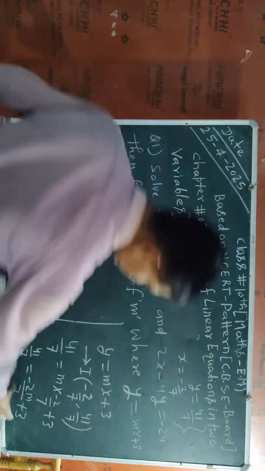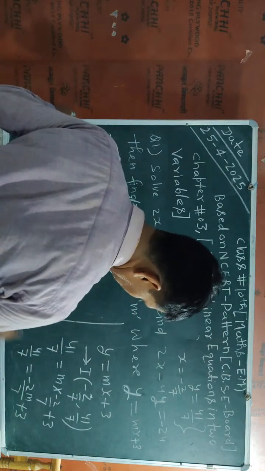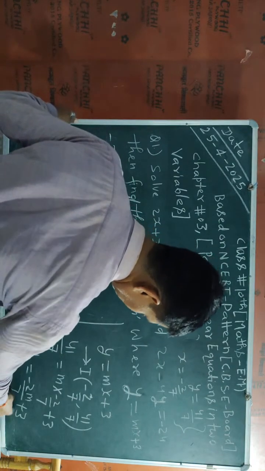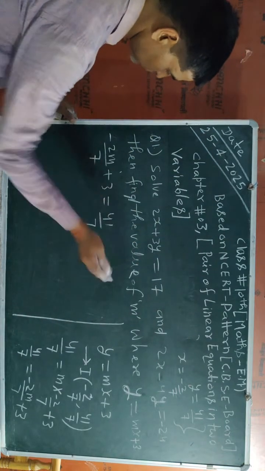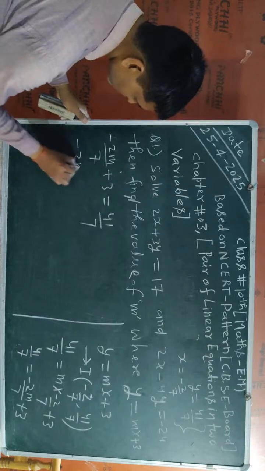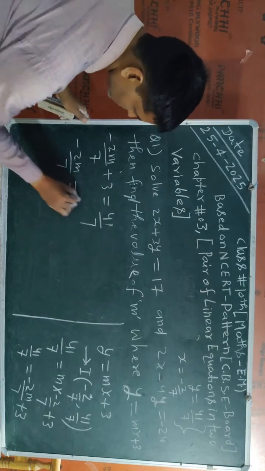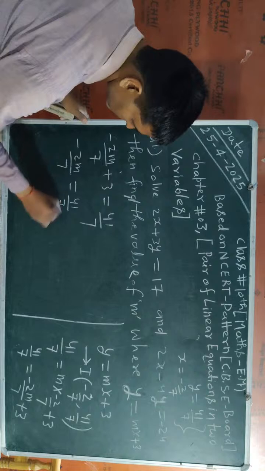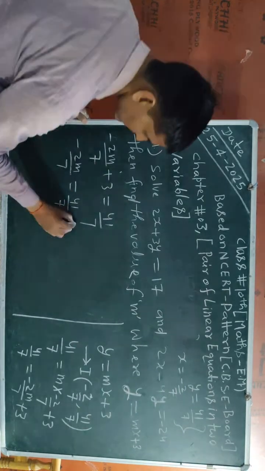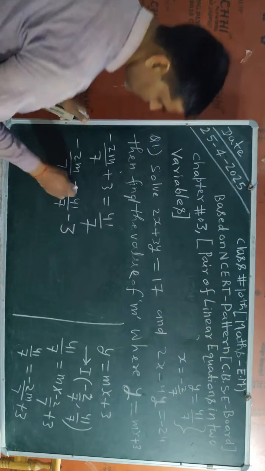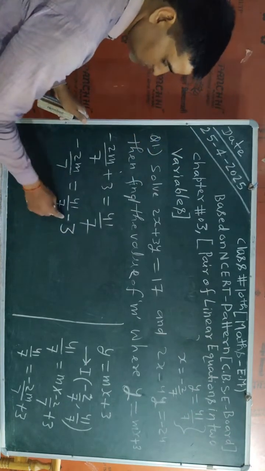It means the right hand side term I have written on the left hand side, and the left hand side term on the right hand side. There is no change in the question. So now minus 2m divided by 7 is equal to 41 divided by 7 minus 3, because it has a plus sign and it goes to the other side of the equal sign, so it gets this sign.